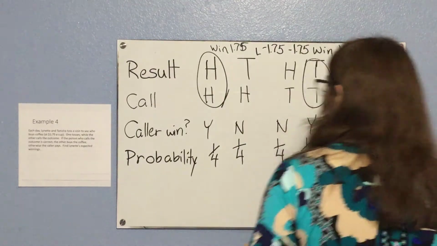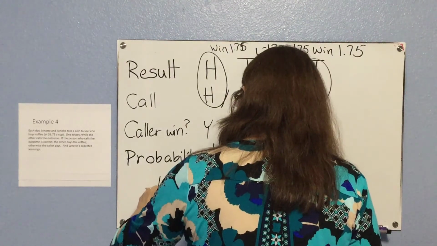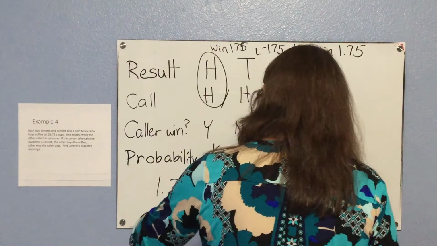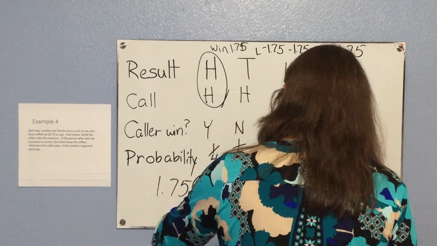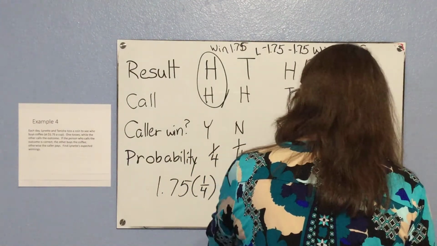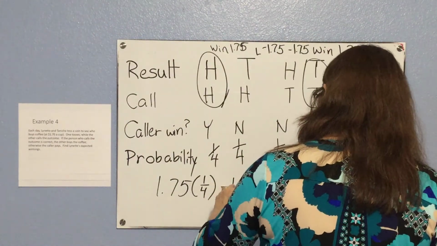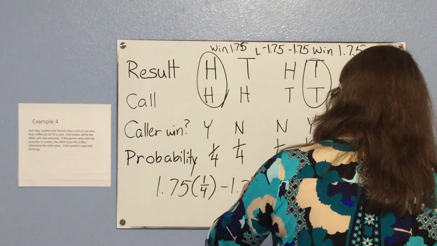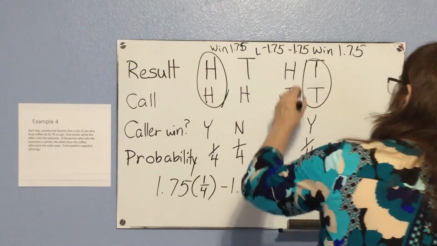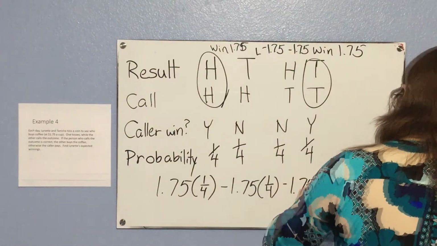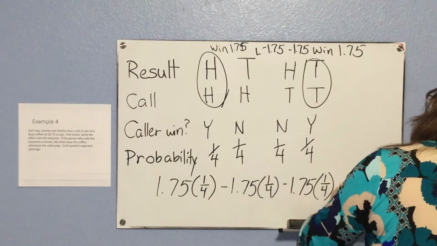And so when I take 1.75 times 1/4, and now we're going to subtract 1.75 times 1/4, subtract it again, and then add it again.